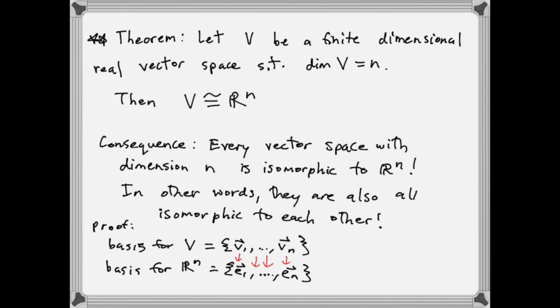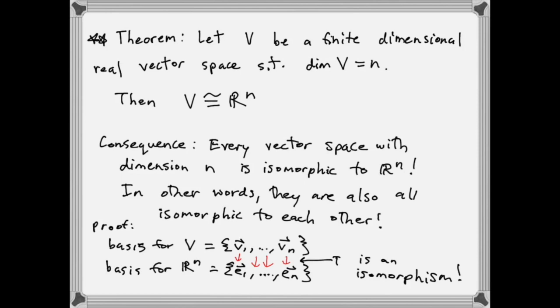So this would be our T. T is an isomorphism. Okay, so any two vector spaces with the same dimension are isomorphic to each other, and so we should be able to find the isomorphism pretty easily.